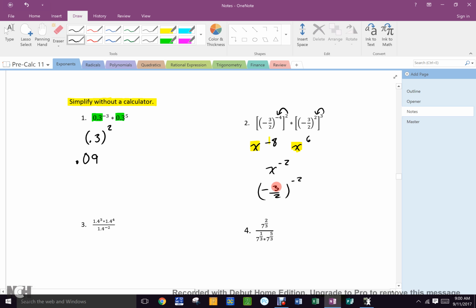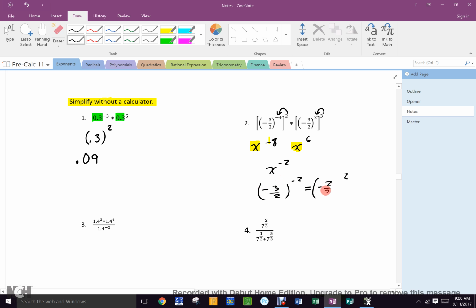What does a negative exponent do to fractions? Flip it over. So what's that going to become? 2/3? To what power? You guys are almost perfect. What did I do with that thing that I shouldn't have done over here? Do I still need that negative? Yeah.